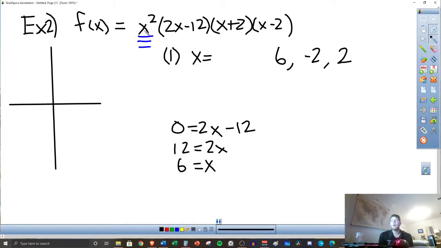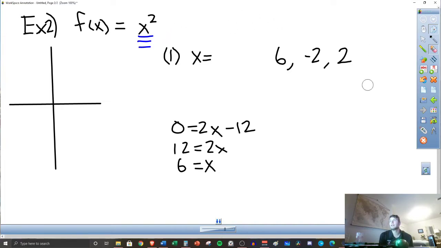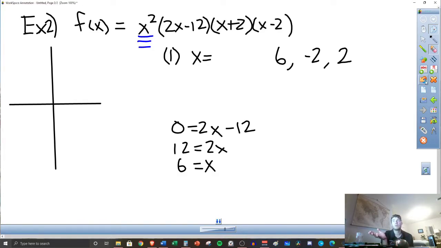If we get rid of everything else and I was just looking at that term, what would I plug in there to get 0? Hopefully you would say, I plug in a 0. If I plug a 0 into x squared, it's always 0. And that's true, okay? So that's actually going to be the last root.